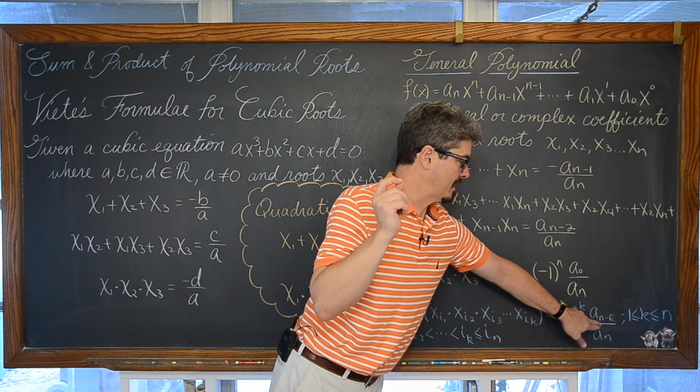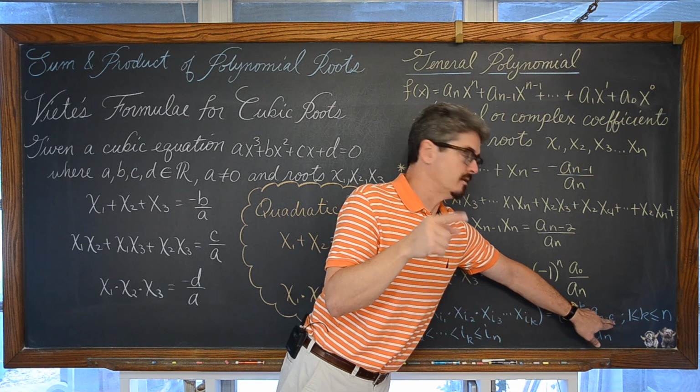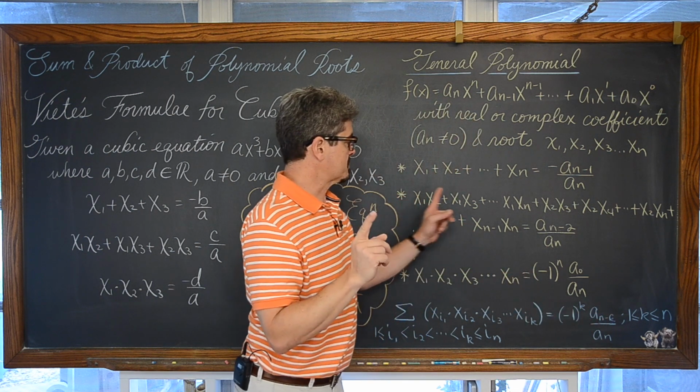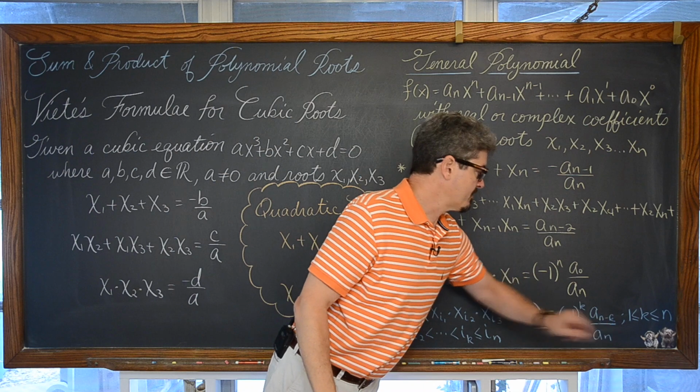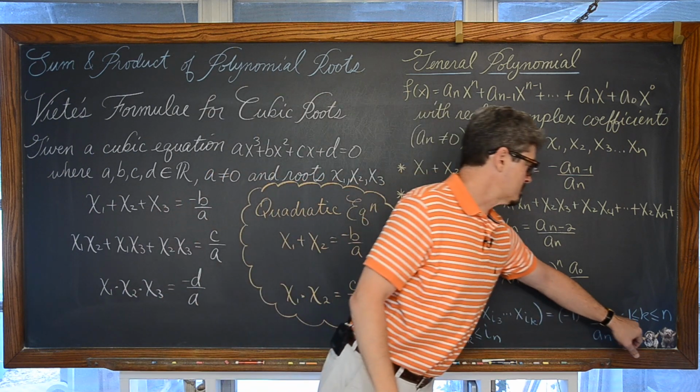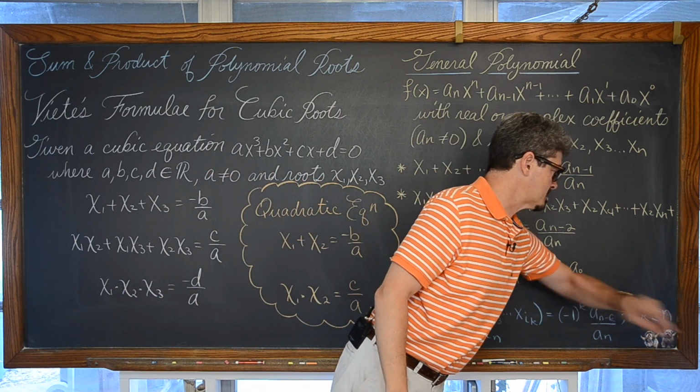So a sub, now we're talking about the degree of the polynomial and the number of factors that are in each of these terms, over a sub n, where k is greater than or equal to 1 and less than or equal to n.